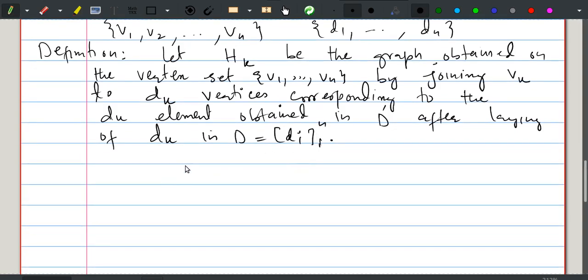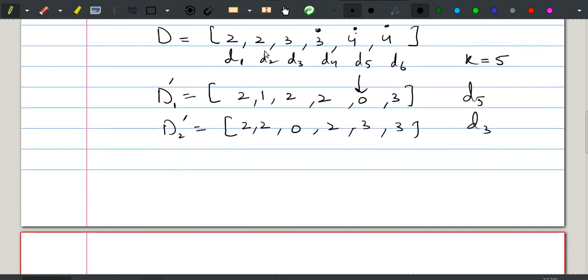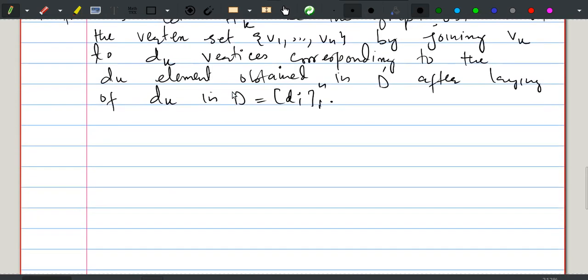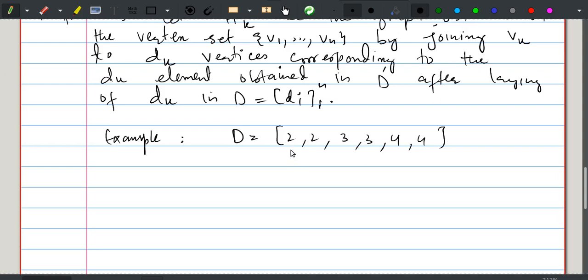If we consider this example over here, this is over d: 2 2 3 3 4 4. Now this is the degree of vertex v1, which is d1, this is d2, d3, d4, d5, d6.